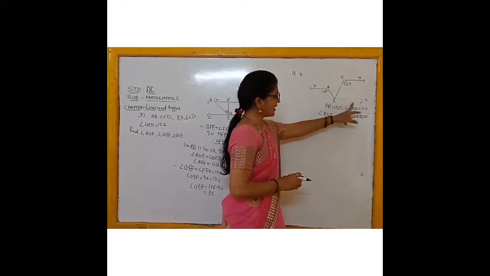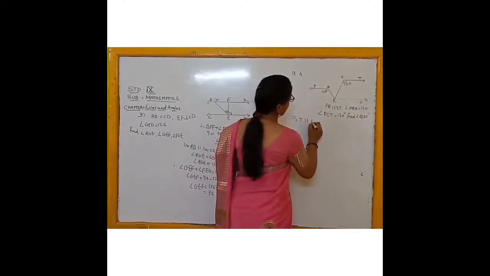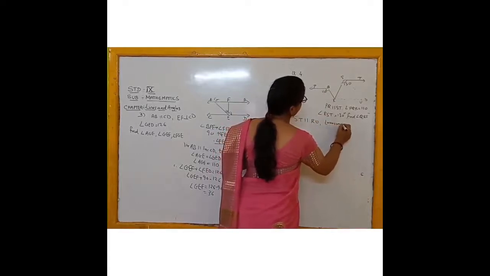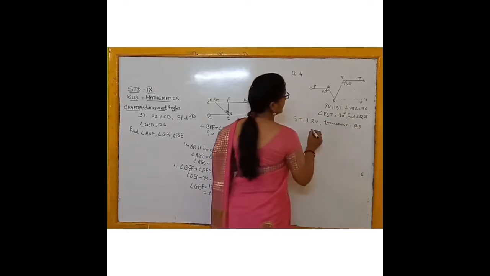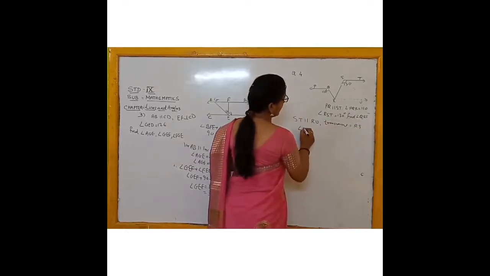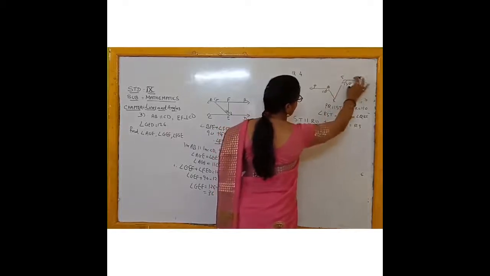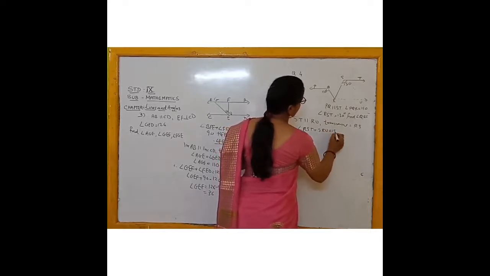So we have drawn this line RU parallel. Now if ST is parallel to RU, the transversal is RS. So angle RST plus angle SRU is equal to 180. Why?